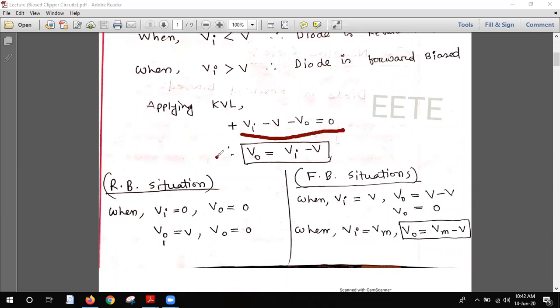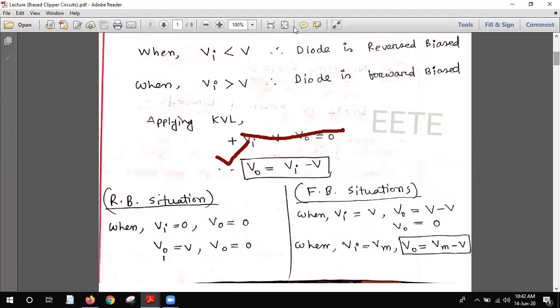So we have to find out the output equation. What is the output equation from this KVL? The output equation is V output equals Vi minus V. Now we have to find out what the output value is in these two situations, because we have already found that in some part the diode is forward biased, and in some part the diode is reverse biased.